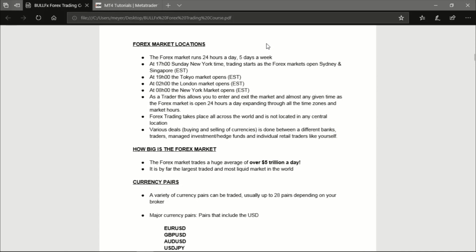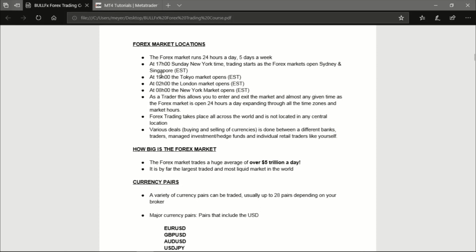So if you are sitting in New York on a Sunday evening at 5 p.m., the Forex market will be opening up in Sydney and Singapore, because that would be the morning for them, where they would start trading, where the financial markets would open up.